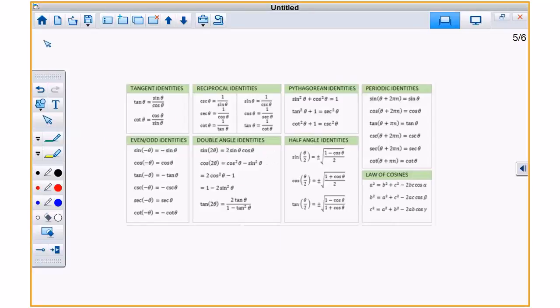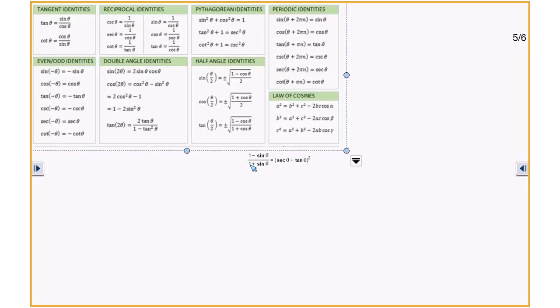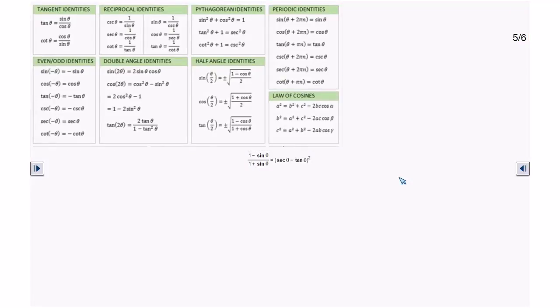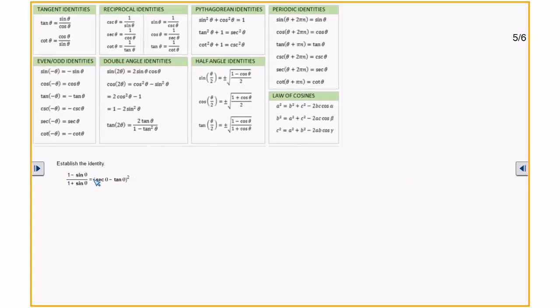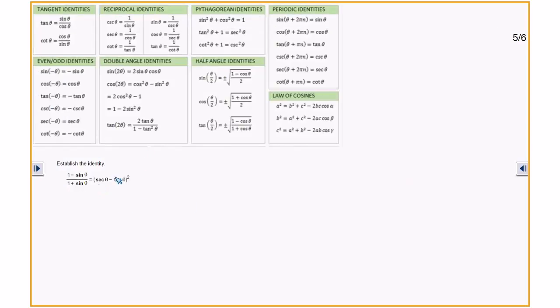Let's see. Before we tried to prove this is equal to this, but now you do sine over sine minus sine over 1.